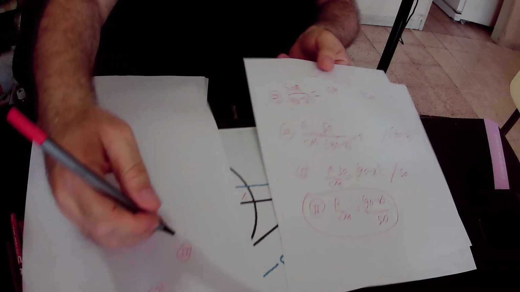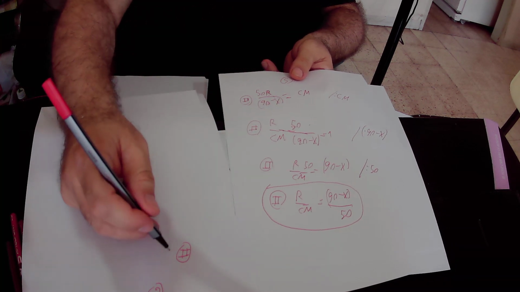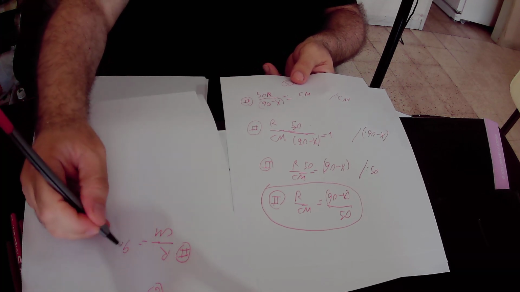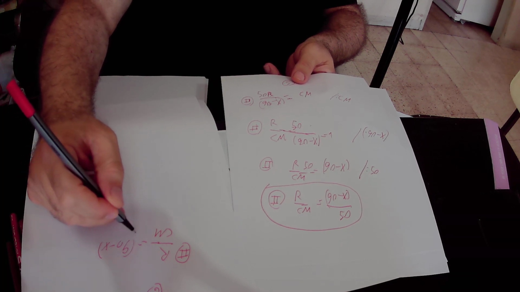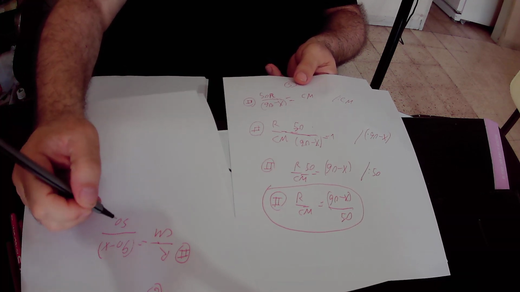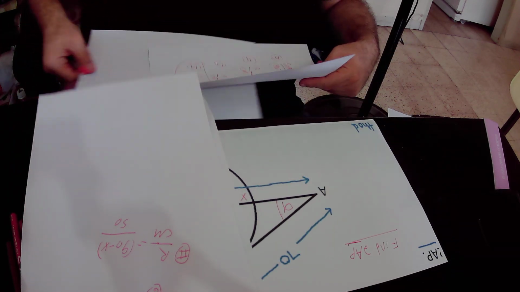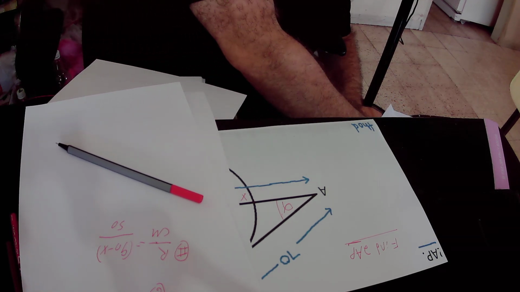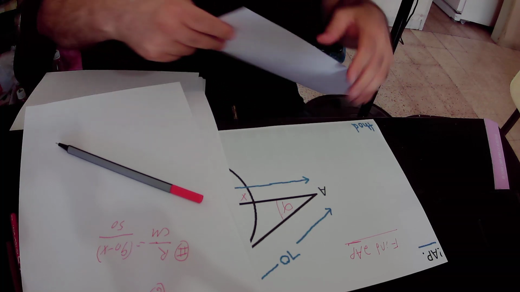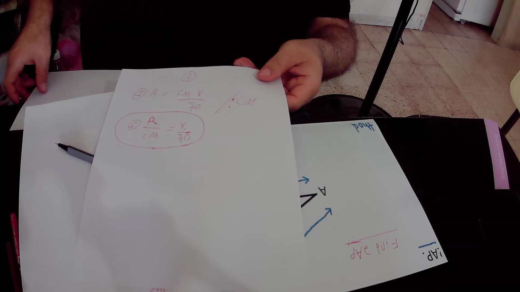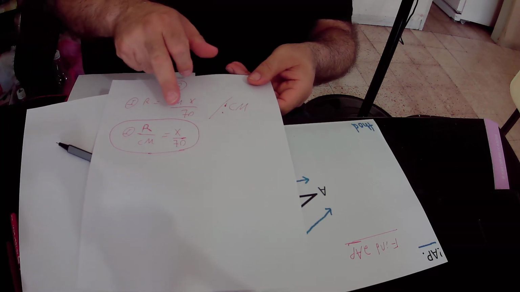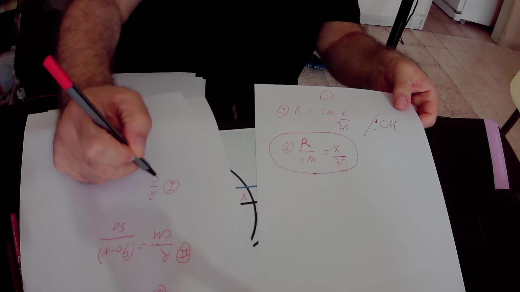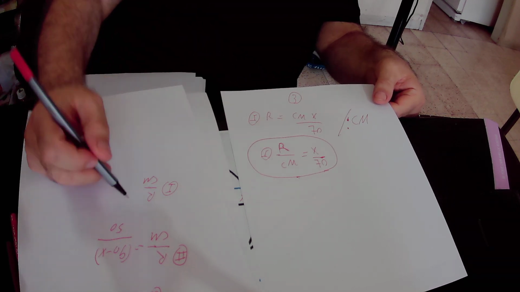In the first equation, we got that R over Cm equals 90 minus 6 over 50, and from our first equation we got that R over Cm equals x over 70, so I write it down. R over Cm equals x over 70.